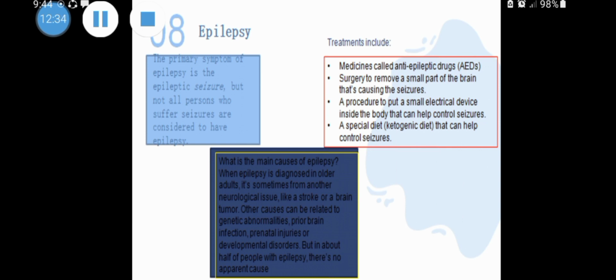So, kani siya usa ka brain disorder, dili gyapon normal ang functioning sa brain ani because the seizures can cause change in the brain activity.